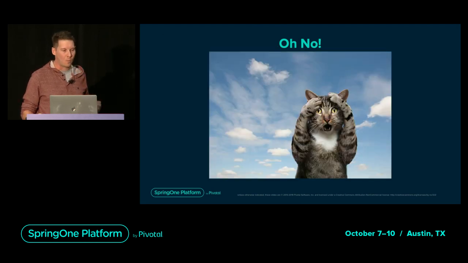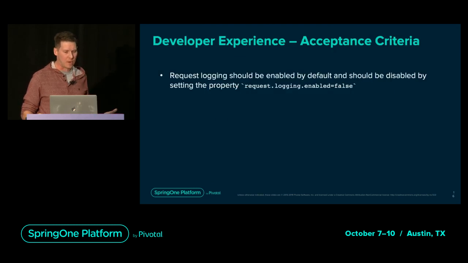But we still didn't provide a way for developers to actually turn this on or off. So let's look at a few other examples around this, and then we can give them the ability to use this functionality that we've exposed. Just as a quick reminder, we want it enabled by default and disabled using a property.